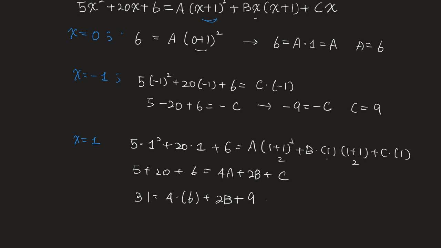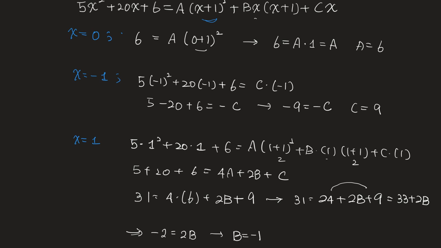Let's solve for B: 31 equals 24 plus 2B plus 9. 24 plus 9 is 33, plus 2B. Solving, negative 2 equals 2B, so B is negative 1. You find all three values right here, guys: A is 6, B is negative 1, C is 9.